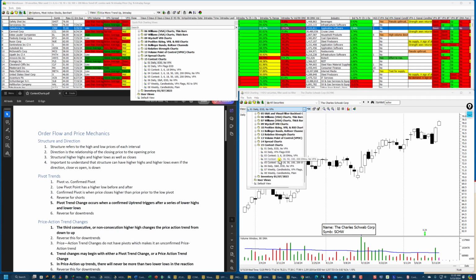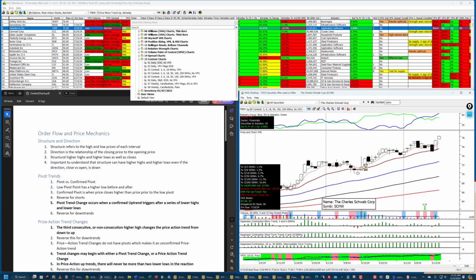I'm going to go on down to number 4, and this is context also with the group comparison, but not only do I have the 3, 6, and the 18, but I have the 50, the 100, and the 200-day exponential moving averages. So it's easy to see if a stock is in a strong uptrend or where it is relative to its moving averages.